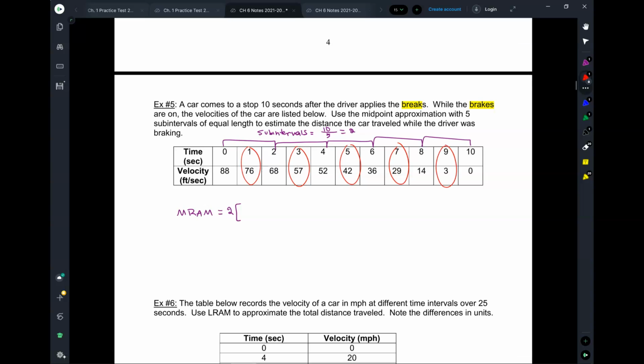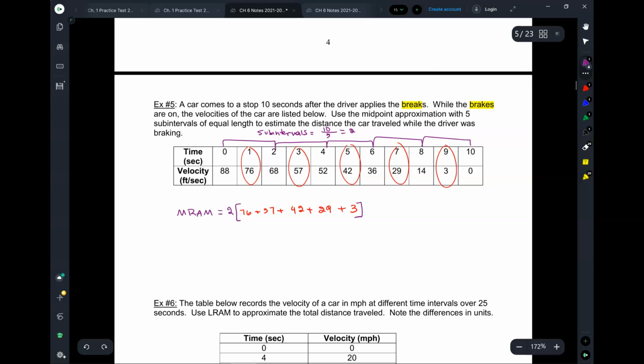Because from the interval 0 to 2, the midpoint is 1. So which value do I put here, 1 or 76? 76, because it's got to be the y value, the height. So 76 plus 57, 42, 29, and 3. I need to take all of them this time.